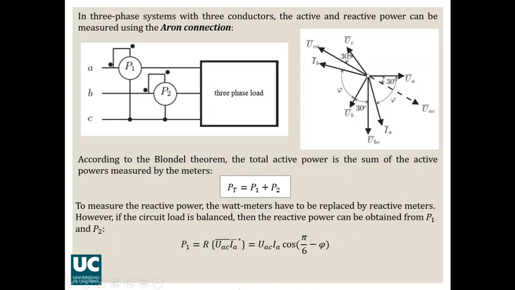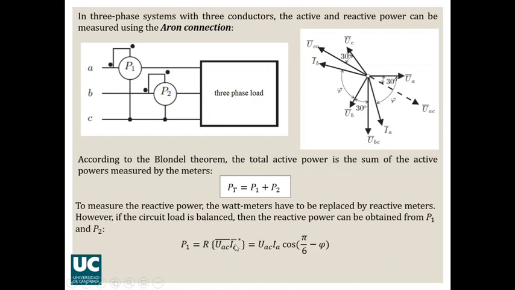If you pay attention here to UAC, its angle is minus 30, so that is minus pi divided by 6. And IA, its angle here is minus phi.